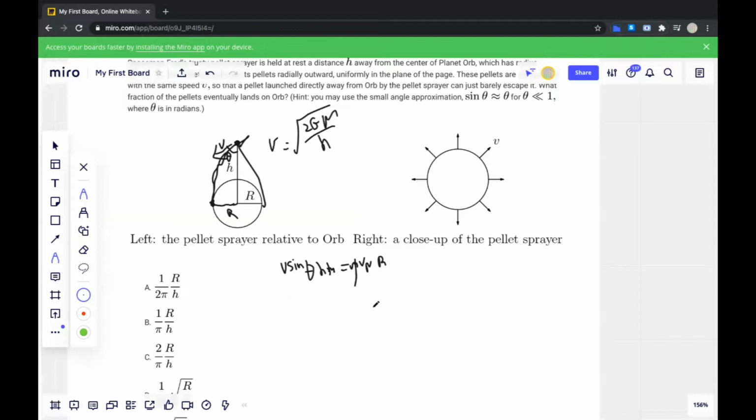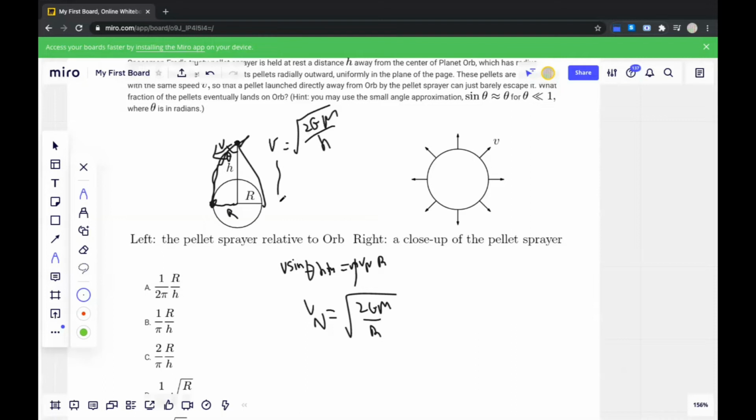Okay, so now that we have our angular momentum equation, we can easily find v sub n as well, because at the point where the pellet reaches the planet orb, it's actually going to be traveling at the escape velocity, because if it keeps going on that path, it will eventually escape the gravitational pull of the planet. So v sub n right here is just going to be square root of 2GM over r.